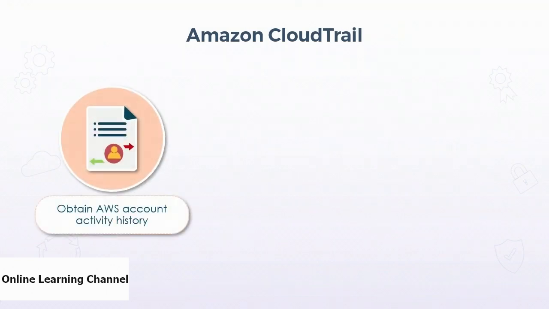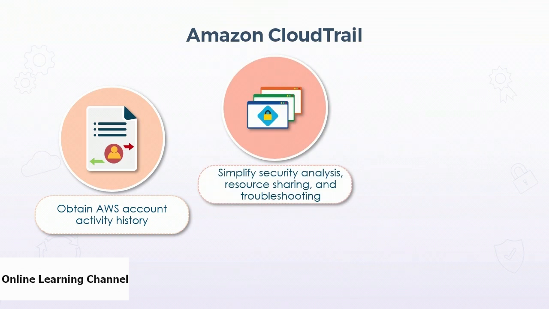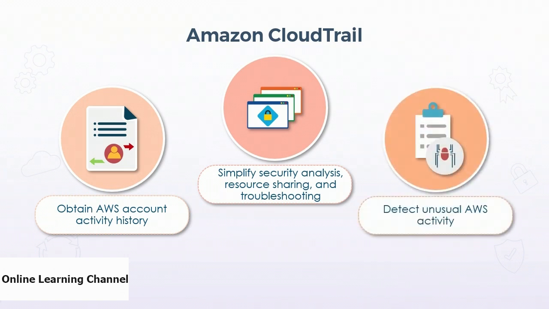CloudTrail provides event history of your AWS account activity, including actions taken through the AWS Management Console, AWS SDK, command line tools, and other AWS services. This event history simplifies security analysis, resource change tracking, and troubleshooting. In addition, you can use CloudTrail to detect unusual activity in your AWS accounts. These capabilities help simplify operational analysis and troubleshooting.